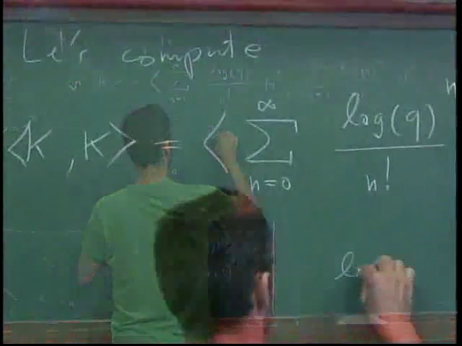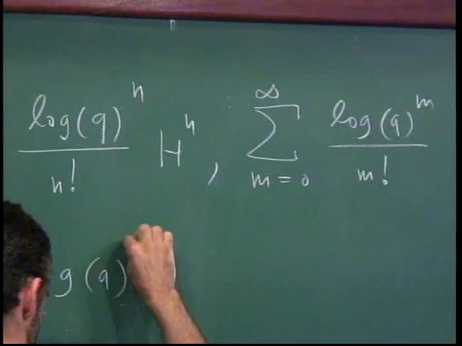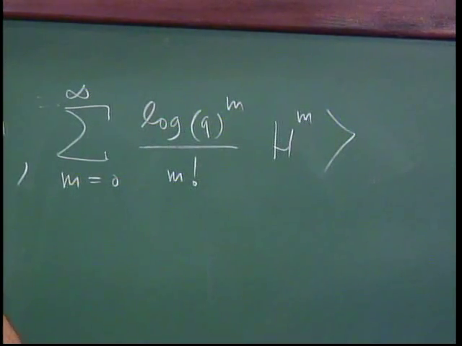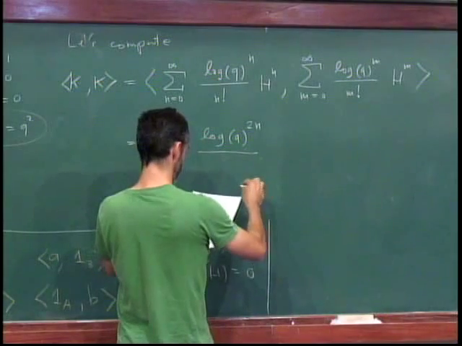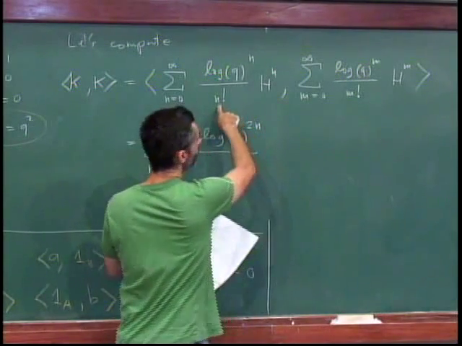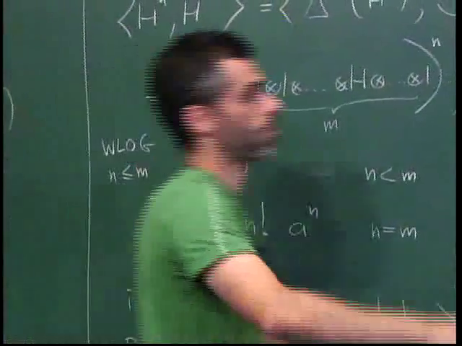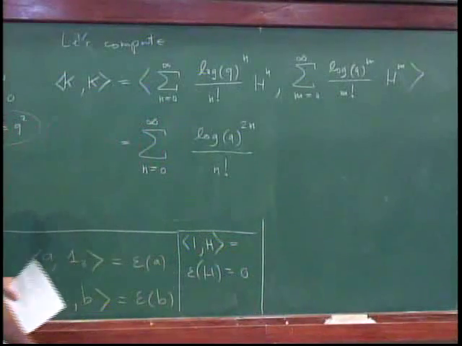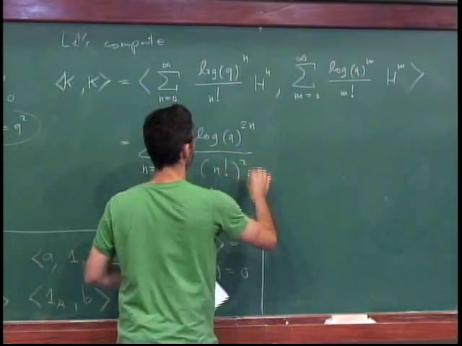We have a log q to the 2n divided by, we have this n factorial that cancels with that n factorial. So that's a single n factorial. And then, well, let's see. Let me do it in 2 steps. n factorial squared.